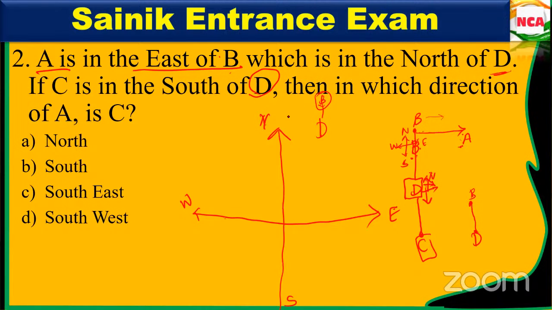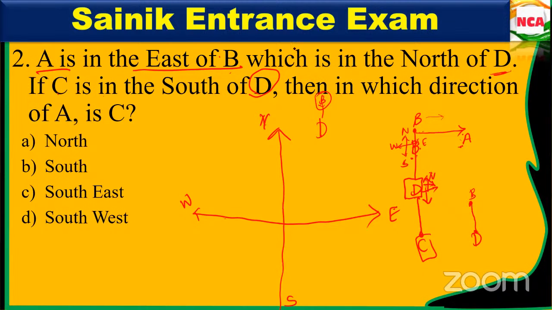Then if C is in the south of D, they are saying that C is in the south direction of D. So by keeping D as a center, we are marking the south, and towards the south C is there. So we are making C to the south of D, right?